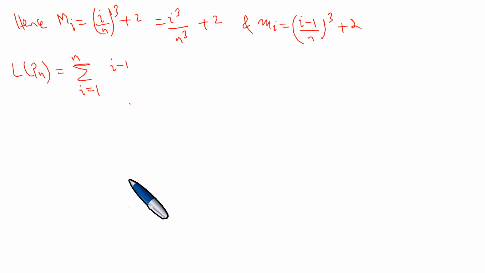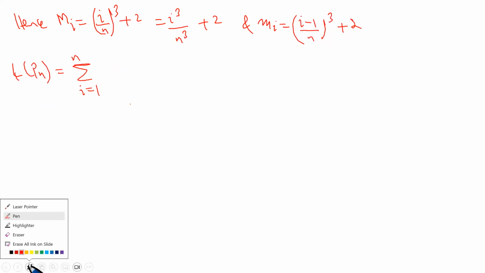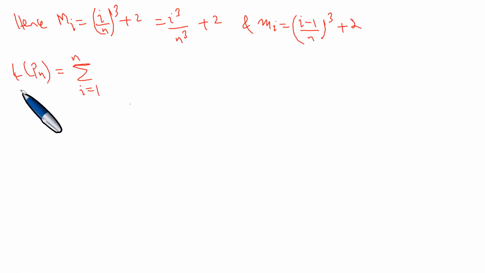Let me start with U_P_N. The small m is going to have a little more work because it has i minus 1 inside. So in the exam you can start with the U_P_N, not the one with the minus inside, because then you'd spend a lot of time cubing all this. It's a choice, so we start with U_P_N.